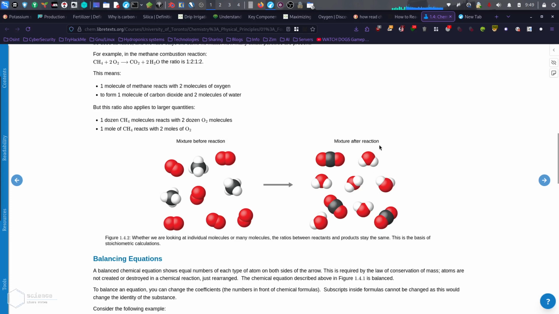In other words, if we take methane and oxygen, we get carbon dioxide and water.